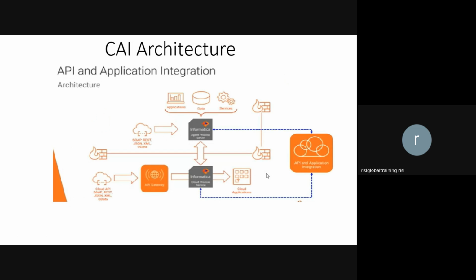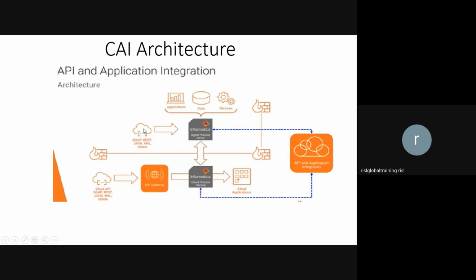Next we can see the CAI architecture, where there are two parts: the top portion and the bottom portion, right? In the top portion, we have SOAP, REST-based, JSON, XML.